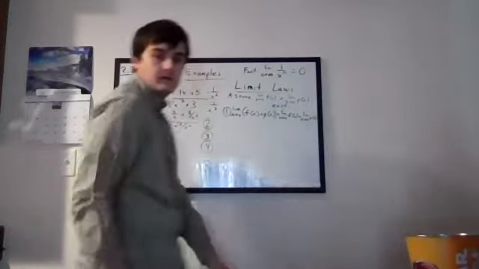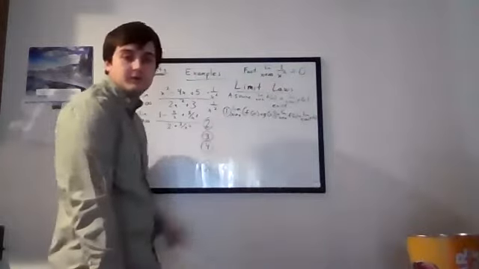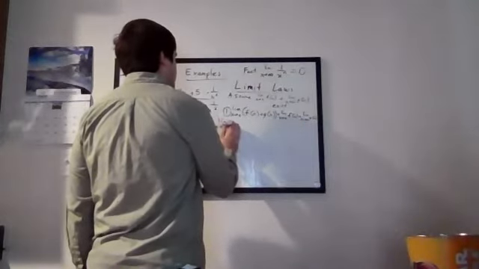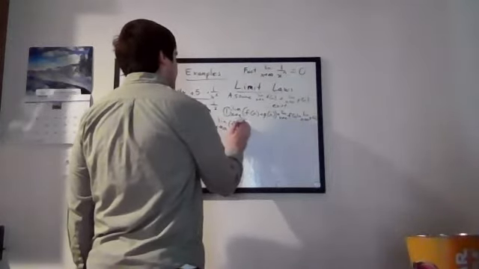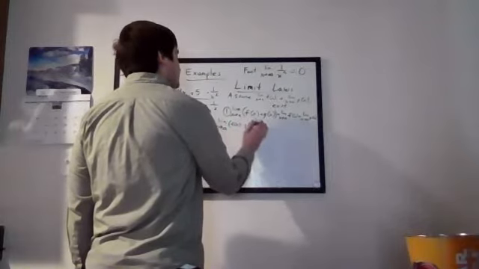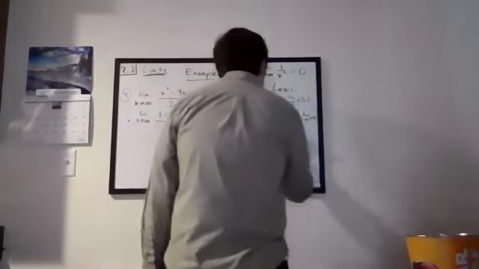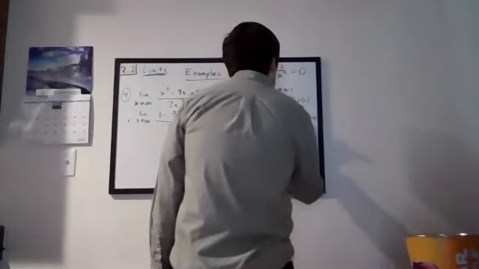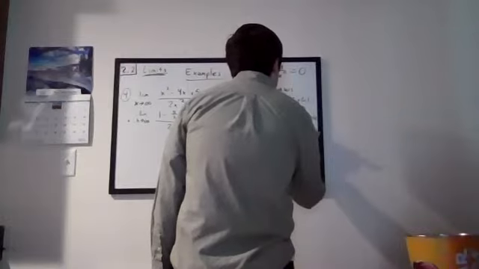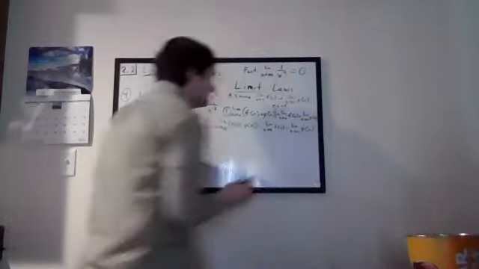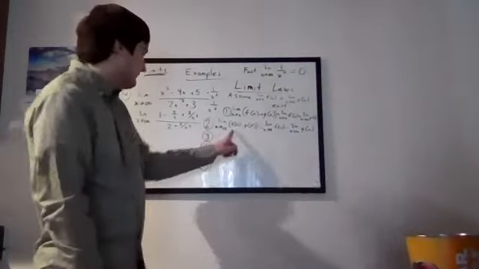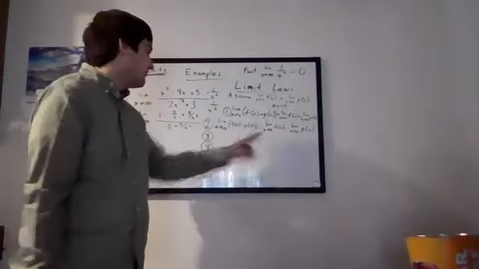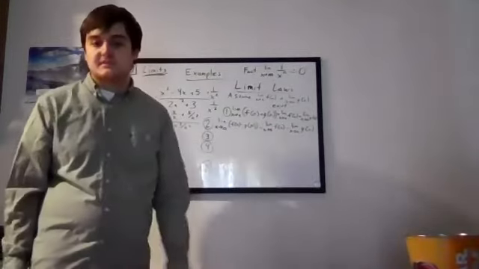And so for number 2, the limit as x approaches a of f of x minus g of x is equal to the limit as x approaches a of f of x minus the limit as x approaches a of g of x. Notice that the limit passes through the parentheses and goes to each individual term.